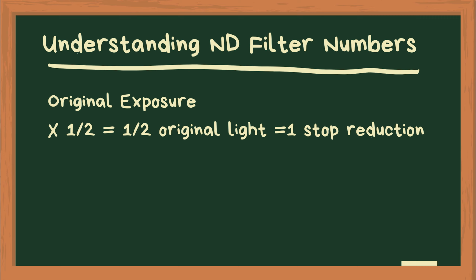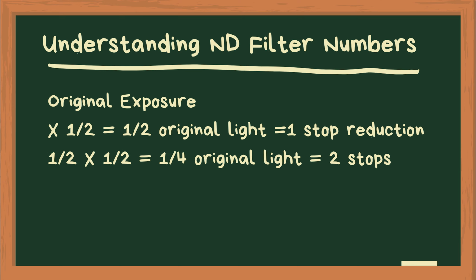In photography, we measure changes to light using f-stops, and a stop means you're doubling or halving the amount of light. Okay, so if I've got an exposure, and I want to reduce the light by half, then I've taken it down 1 stop. If I want to reduce it by half again, then it's a half times a half.